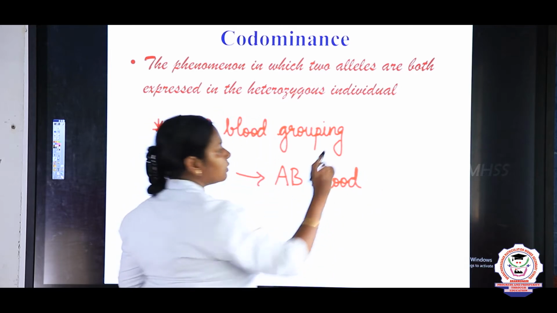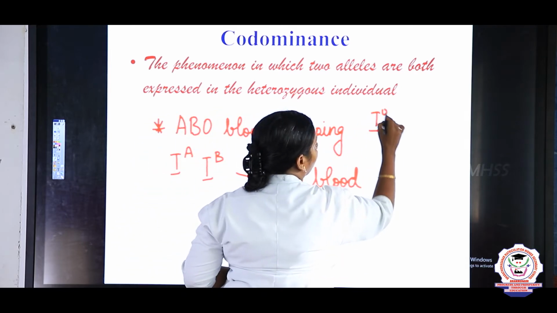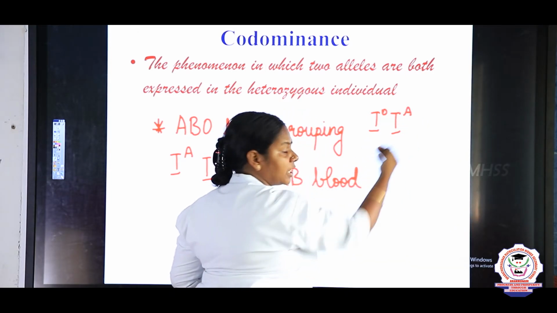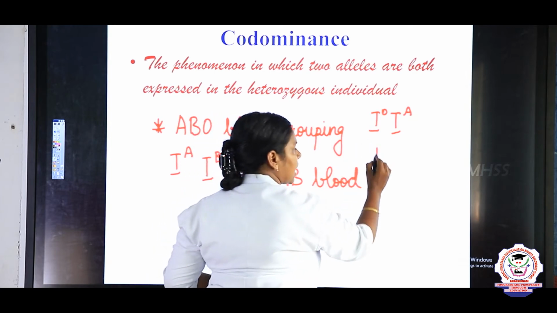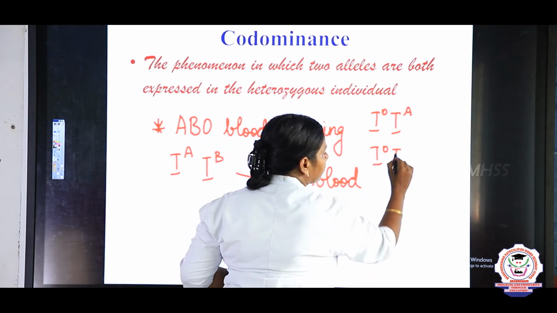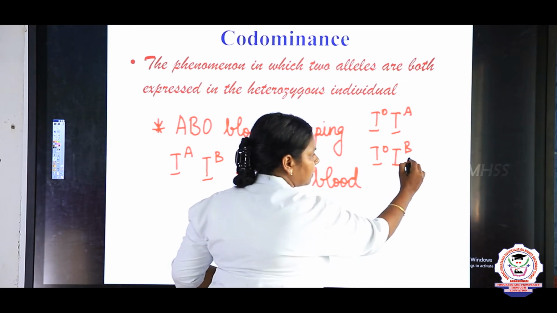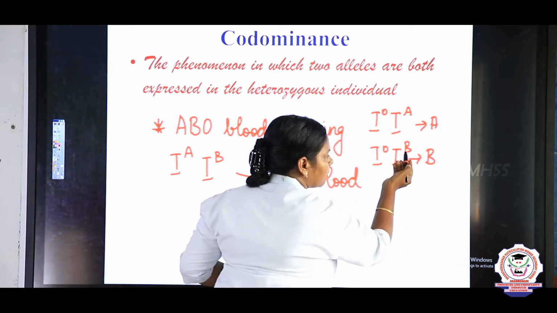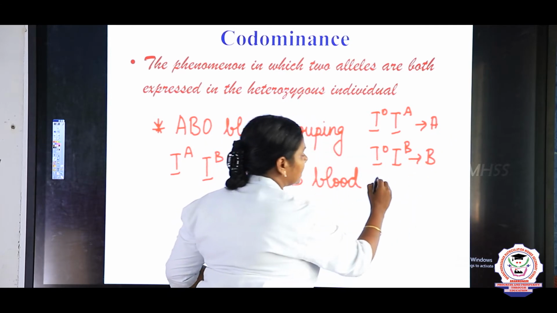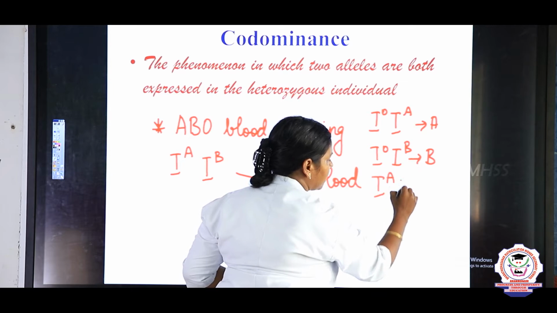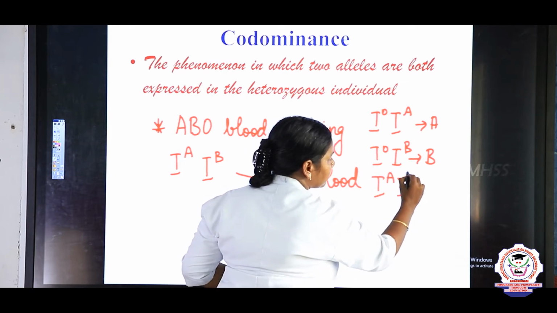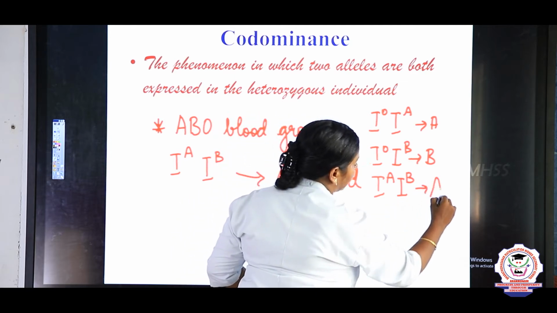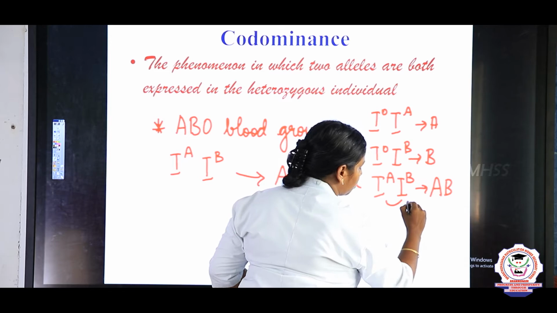For example, if a person has the alleles IOIA, the person has A blood group because A is dominant over O. Likewise IOIB, the person exhibits B blood group because B is dominant over O. But if the person has the alleles IAIB, if the mother is A blood group and the father is B blood group, there is a chance for the child to have AB blood group because they are both dominant over each other.